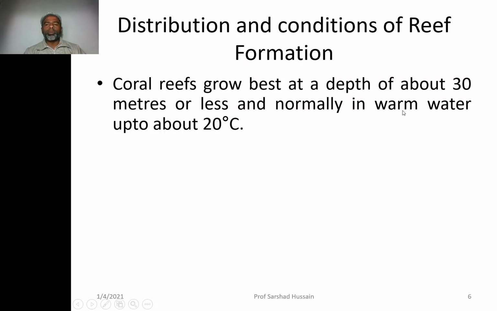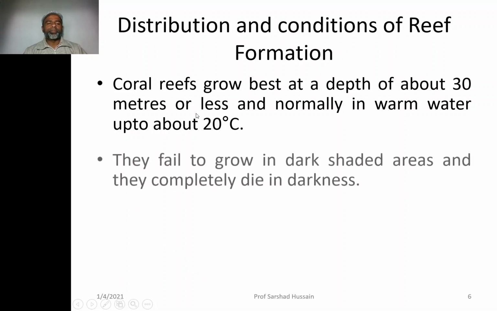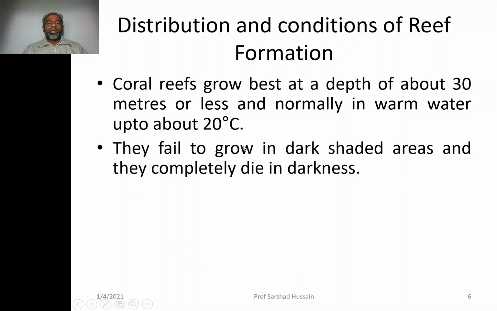Their good growth is above 30 meters depth and their temperature is 20 degrees Celsius. If the temperature is below 20 degrees Celsius, corals may not grow into coral reefs. They also do not grow in shaded areas and completely dark areas. That is why when the depth goes beyond 30 meters, darkness increases, shade increases, and they do not grow.